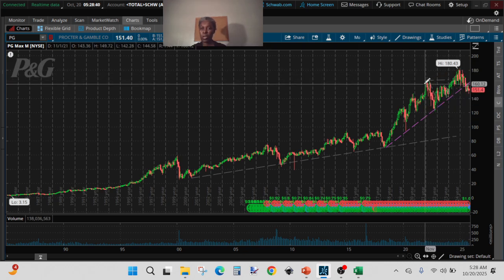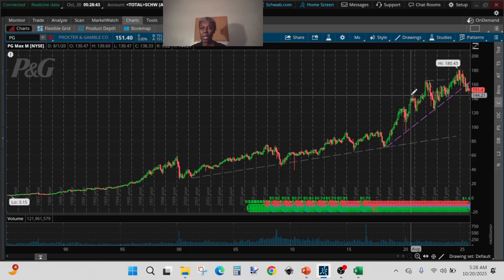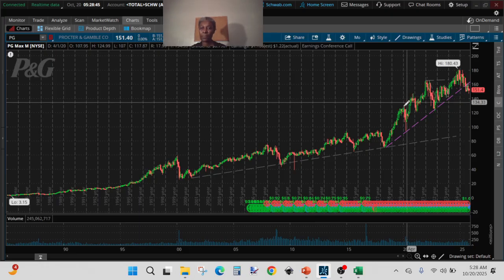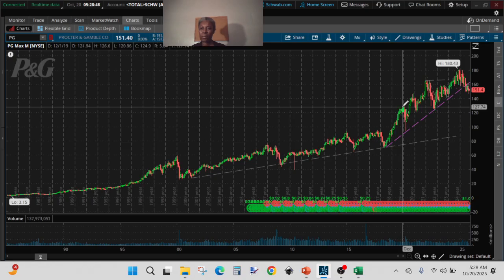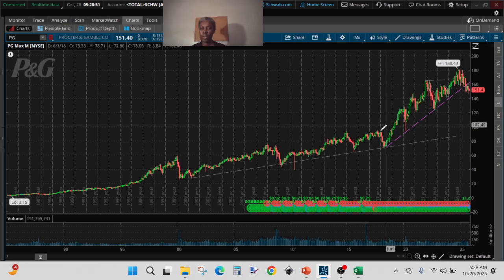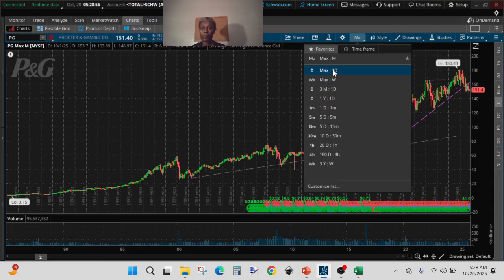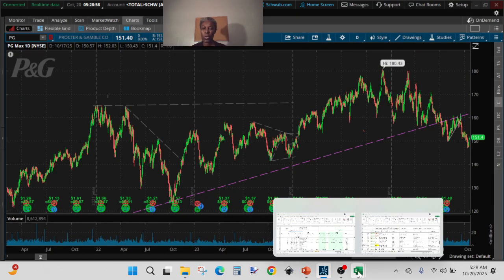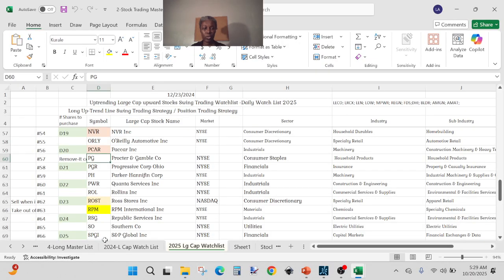From here we have this one that was about a year and a half, and this one is about a year or a little bit less. So it's just by observing, and that's why I like to recommend we create a watch list of stocks that we can trade from, trading the same stocks over and over, and at the end of the year pull out stocks that don't work well with the strategy we are using and replace them with new ones.